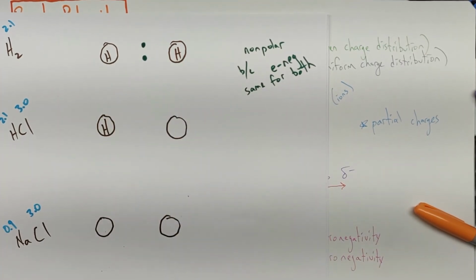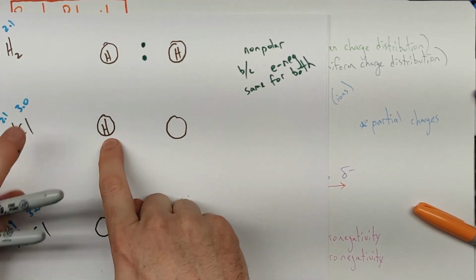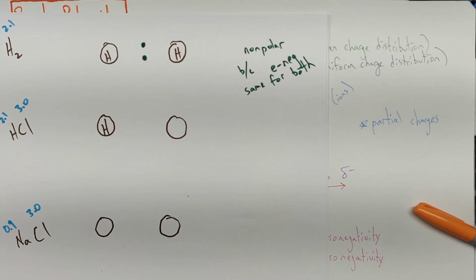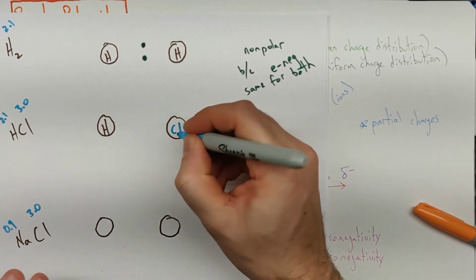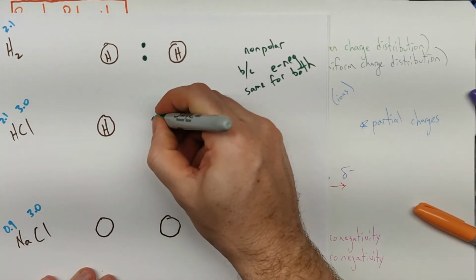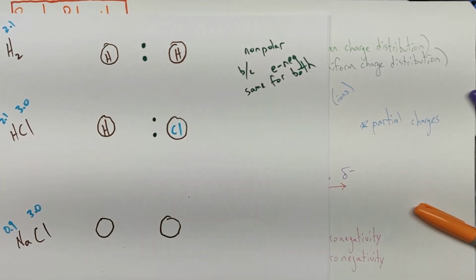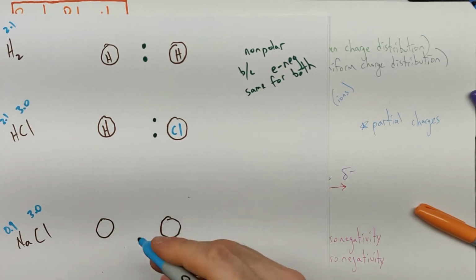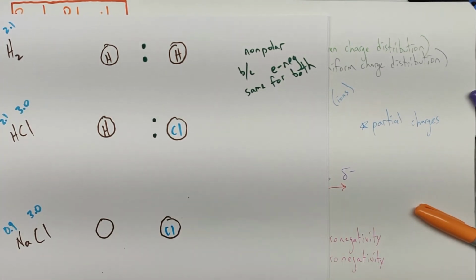As we look at the next one, where we have hydrogen as a 2.1 and chlorine as a 3.0, I know, should have done it in green. Chlorine is stronger, those electrons are going to be closer to it. So when I draw them in, I'm going to draw those electrons there. And then if we have something like NaCl, we don't even have sharing.